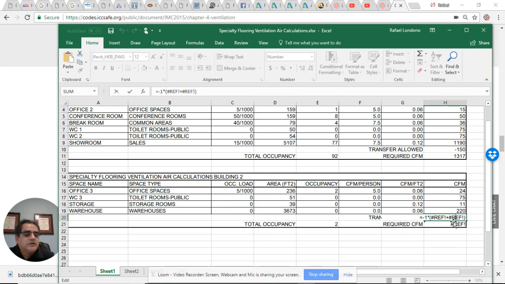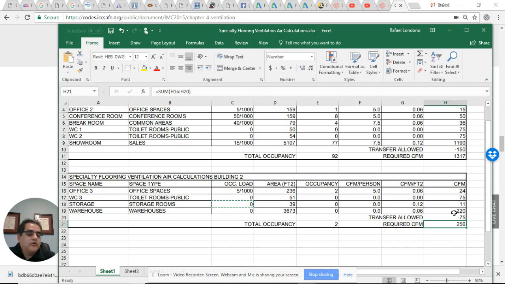So over here is -1 times the sum of all the bathrooms, which in this case, we only have one bathroom. So I'm going to select that cell. And now that's a formula that says, no matter what it says in here, I'm going to multiply by -1 and add it to my sum. If I add a negative number, I'm really subtracting.